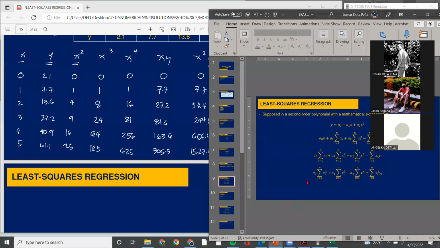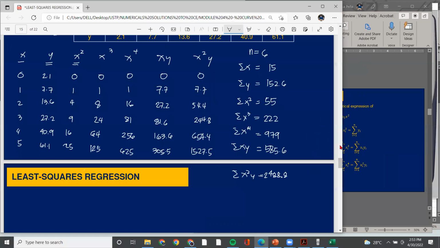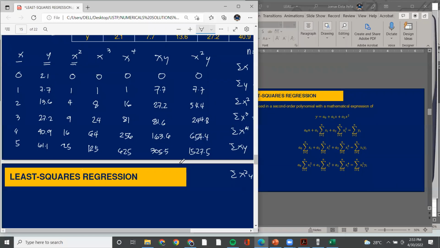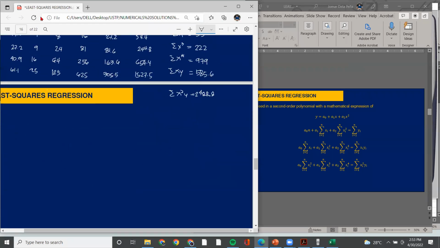So, we have, no? Atong satisfying na formula. We have a sub 0 n plus a sub 1 summation of x plus a sub 2 summation of x squared equal to summation of y.